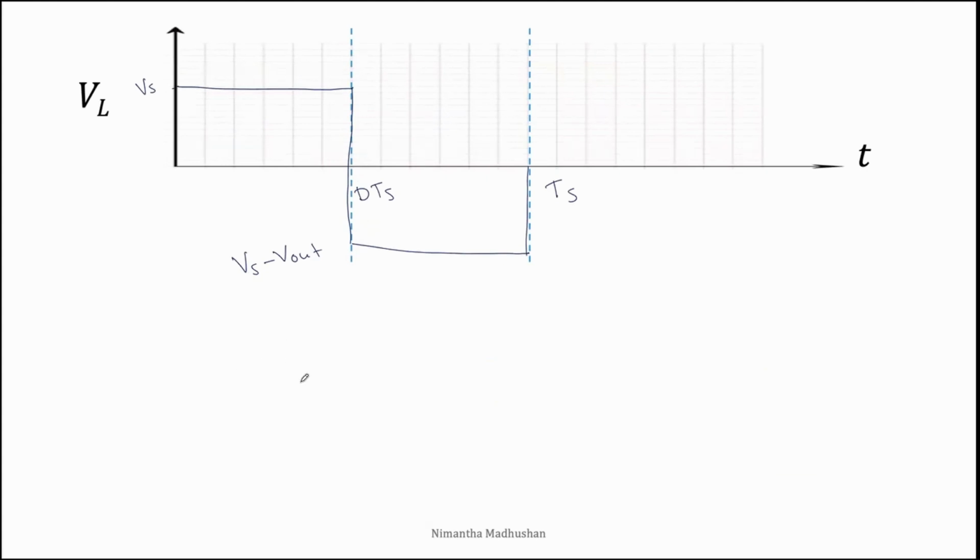Now we have to derive the output voltage equation from the duty cycle value D and input voltage Vs. For that, we can use the current balance equation, delta IL on plus delta IL off is equal to 0 in continuous conduction mode.